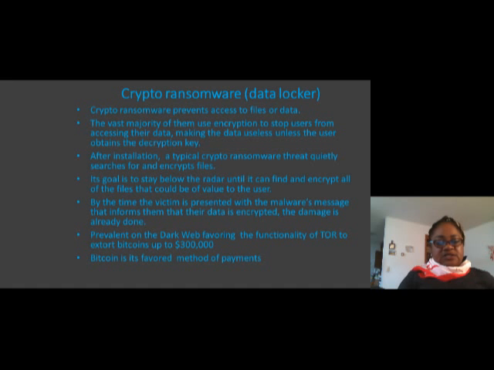After installation, a typical crypto ransomware threat will quietly search for files, and then it will encrypt the files. The goal is for it to remain below the radar and find and encrypt all the files that it thinks would be of use or of value to the user. By the time the victim is presented with the malware message telling them that the data has been encrypted, the damage has already been done.